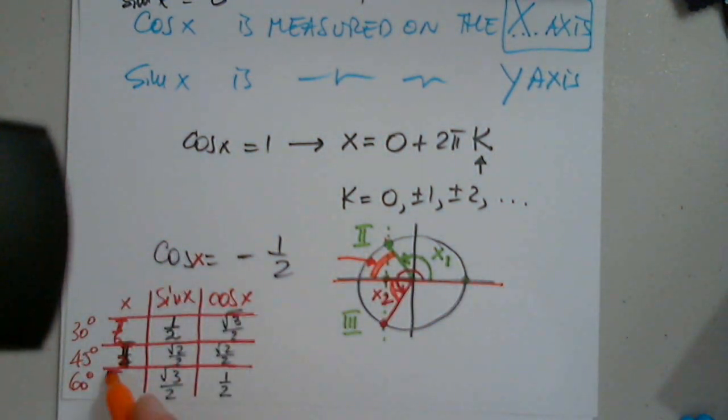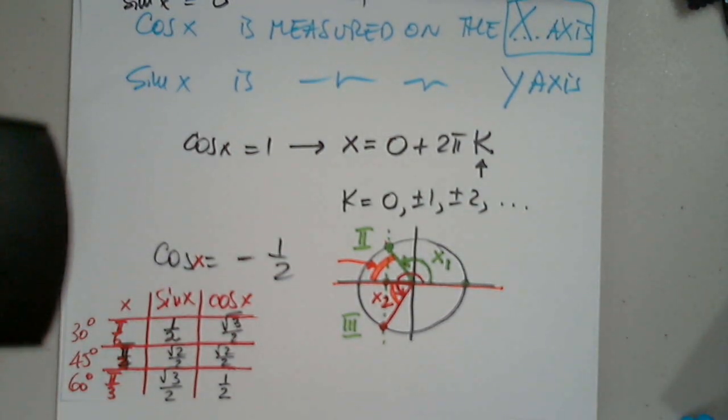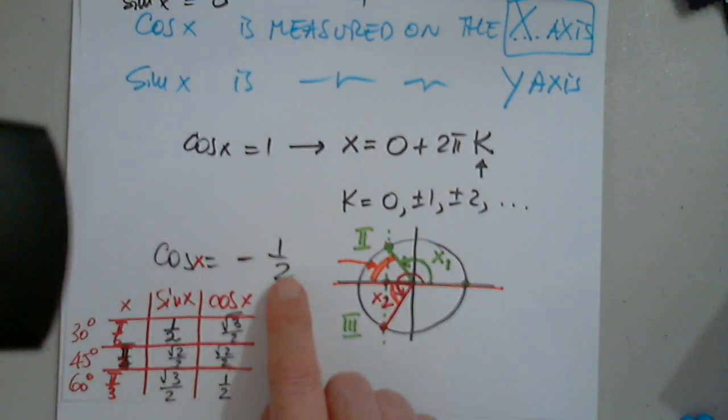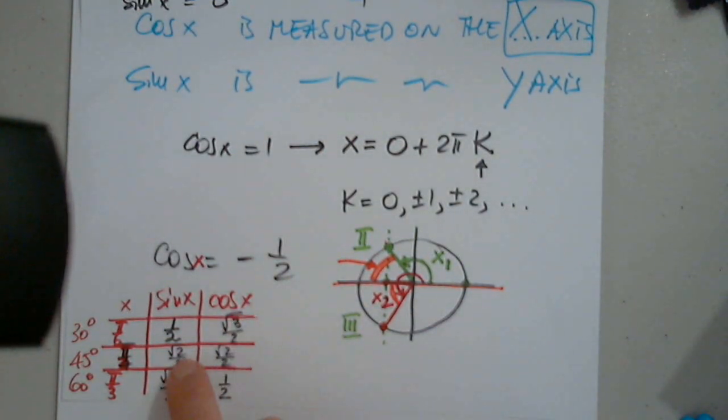Look at this table and say, I know the reference angle must be blah, and I'll put it in. If it were 45, I would have had here the square root of 2 over 2. I don't have the square root of 2 over 2.